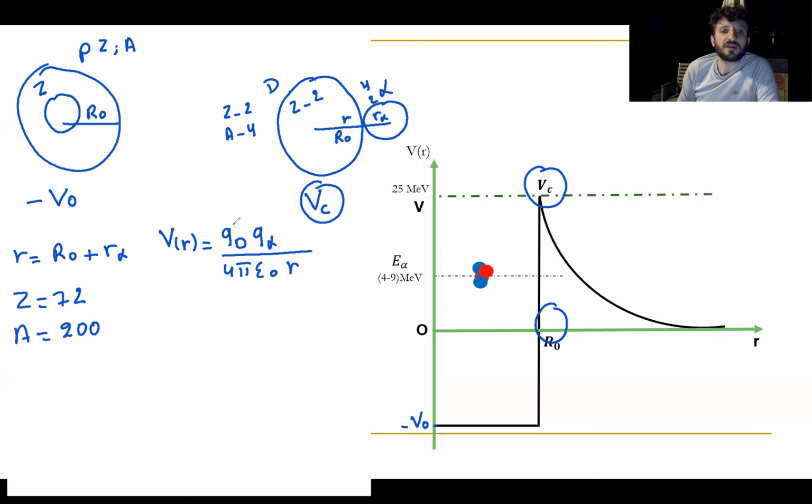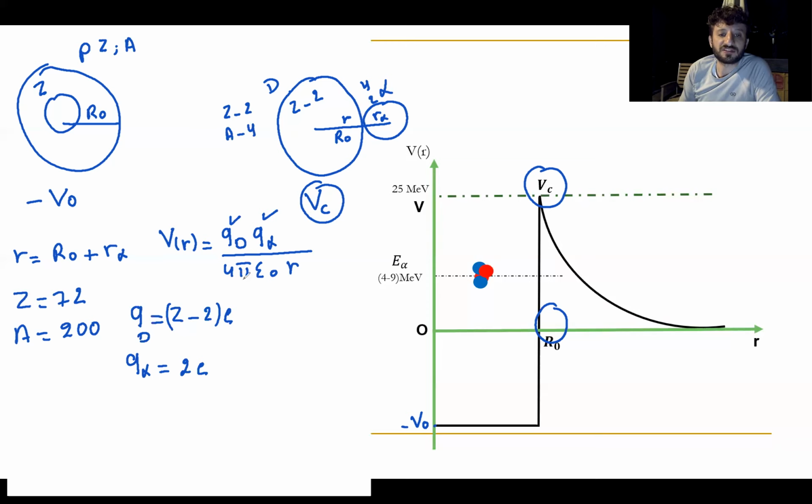So the total charge of the daughter equals the number of protons inside, which is Z minus 2 times the charge of one proton, which is E. And the total charge of the alpha particle equals the number of protons inside the alpha particle, which is 2 times E. So we have the values of Q daughter and Q alpha.